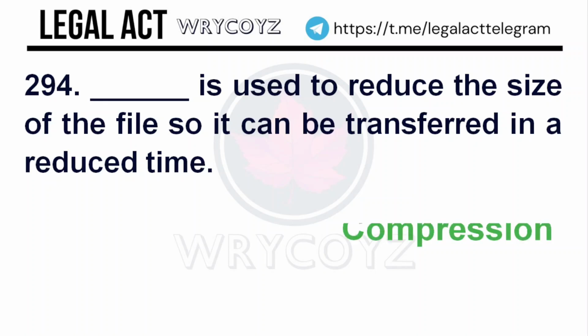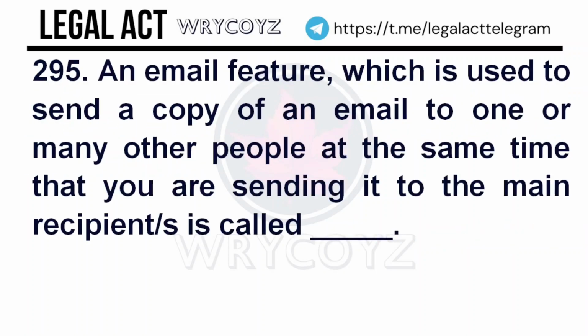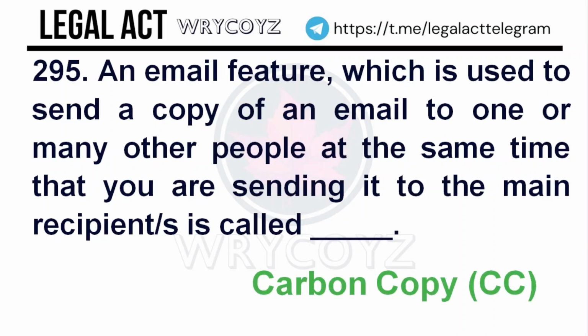The answer is compression. 295. An email feature which is used to send a copy of an email to one or many other people at the same time that you are sending it to the main recipient is called dash. The answer is carbon copy.